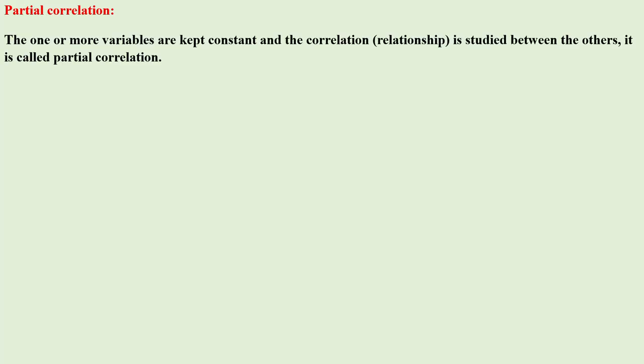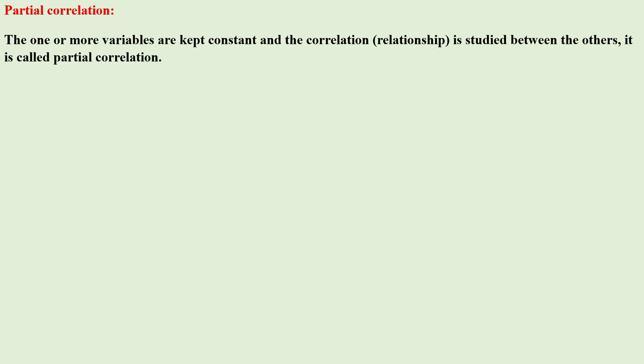Partial correlation: one or more variables are kept constant and the correlation is studied between the others. Suppose the yield of paddy depends on manure, soil quality, rainfall, and temperature. Four or five things are there, all related.